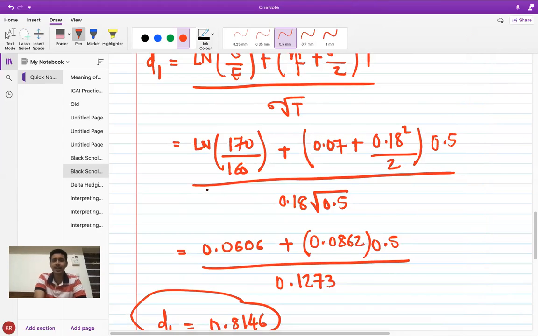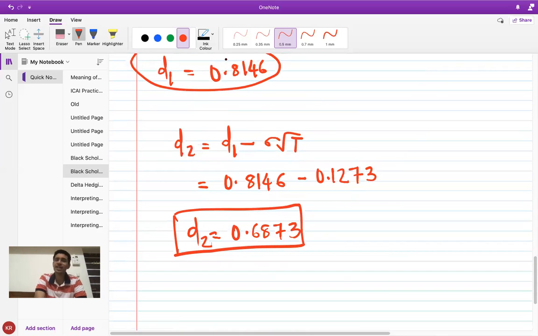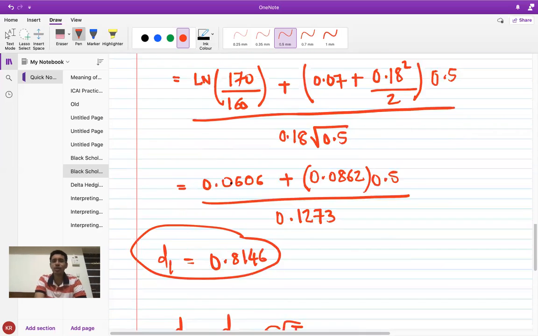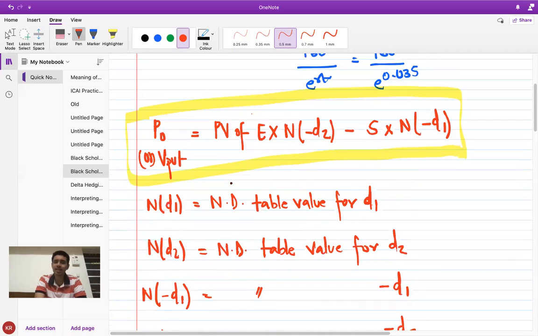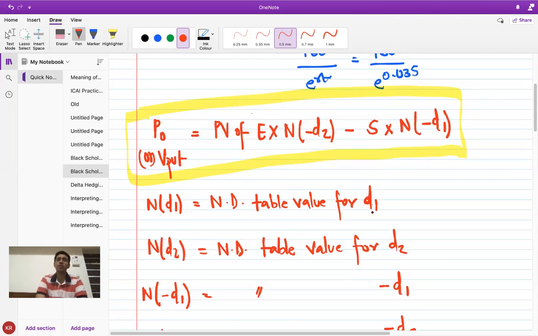Now we have D1 and D2, and I told you that ND1 and ND2 are nothing but the normal distribution table value for D1 and the normal distribution table value for D2. Let me first show you how to calculate it in Excel, and then I will show you how we can also find it using the table.